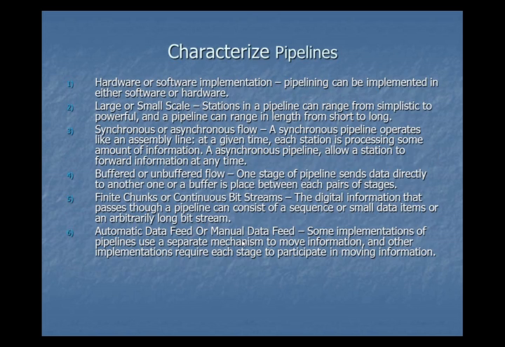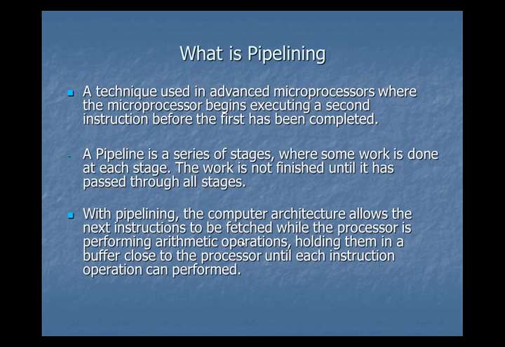Next, again, what is pipelining? This is one of the examples. Pipelining is a technique used in advanced microprocessors. There are different categories of microprocessor CPU. It is a technique used in computer architecture, where the microprocessor begins executing a second instruction before the first instruction has been completed.